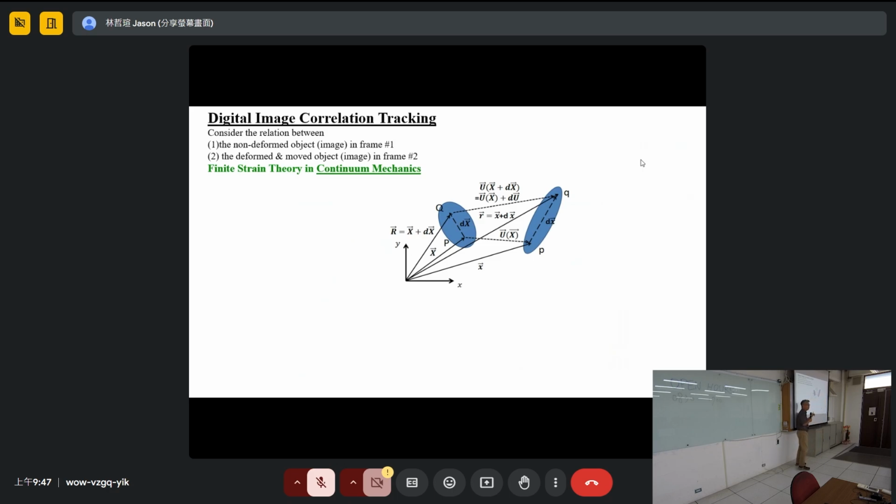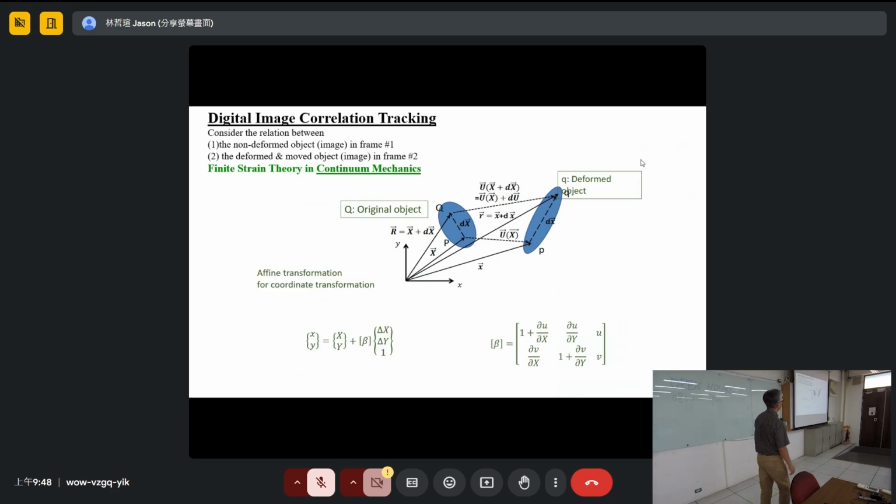That happens a lot, so this is a very fair assumption. To solve this kind of problem, we usually use a technique from continuum mechanics, invented by a mechanics researcher from the University of South Carolina in the 1980s. They introduced the assumption that the object rotates and deforms.